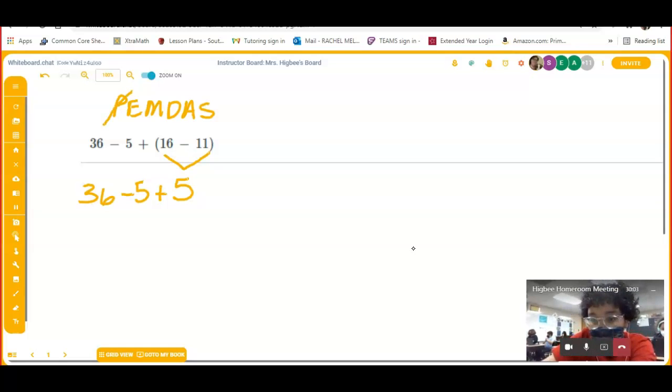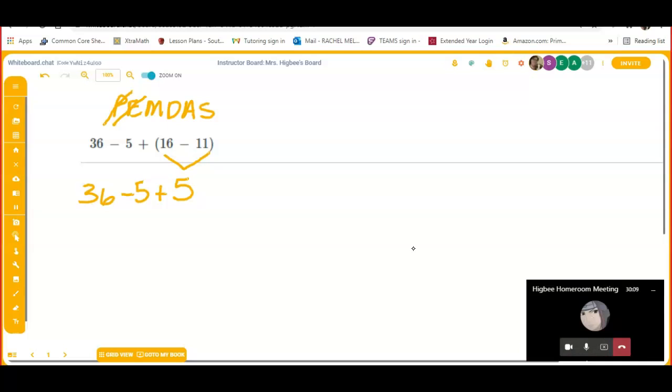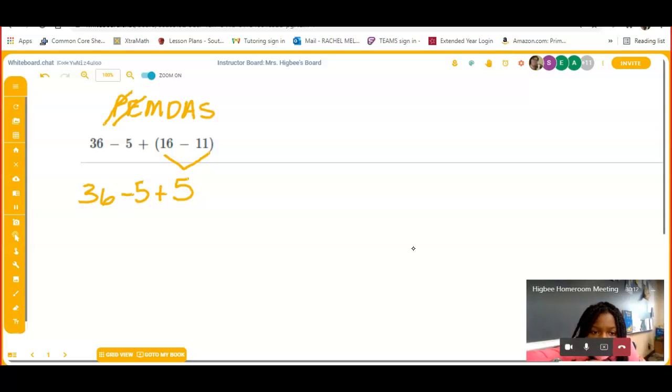Do I have exponents? No. Do I have multiplication or division? No. I think I may have said something wrong earlier when I told you this. Sorry, I'm not right in the head today. When I said this arrow, what I meant is you have to go left to right.